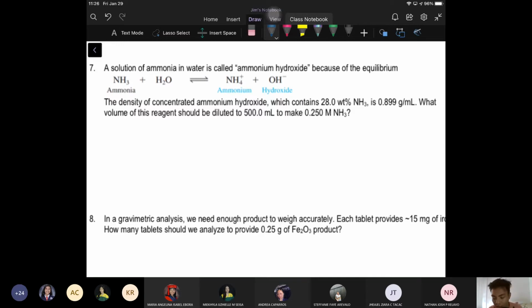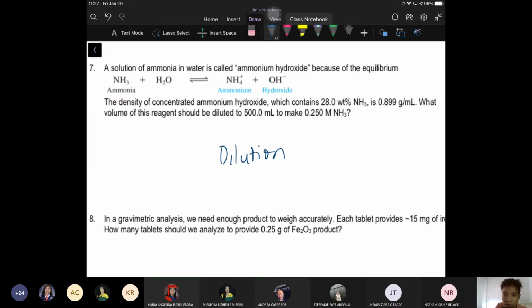So basically, what is the question looking for? The volume of the original substance or reagent that you dilute to make the final volume and the final concentration. By looking at the last part of the question, this is dilution.